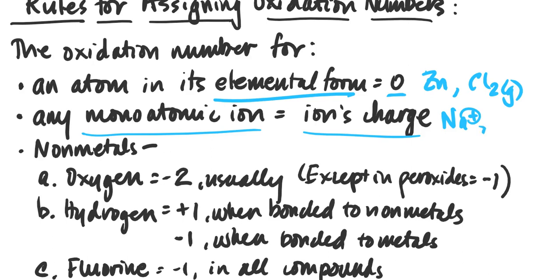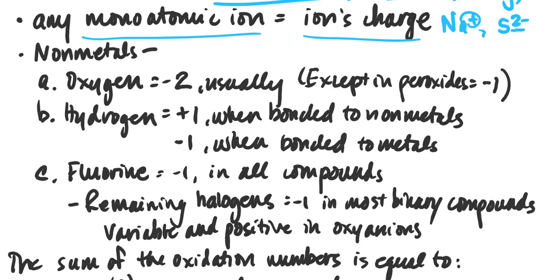Similarly, the sulfide ion has a charge of 2 minus. So that means that the oxidation number for sulfur in the sulfide ion would be -2. From there, there are some rules that govern the oxidation numbers for specific nonmetals. For oxygen, the oxidation number is almost always -2.